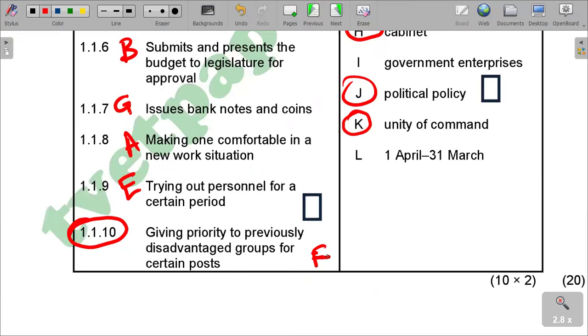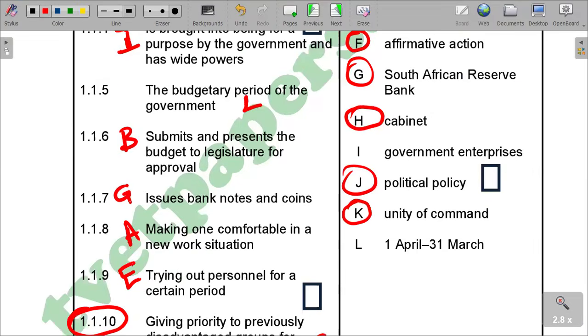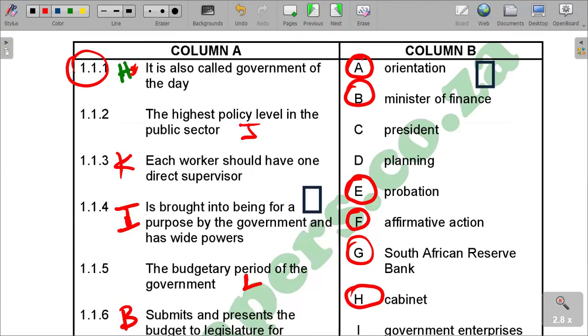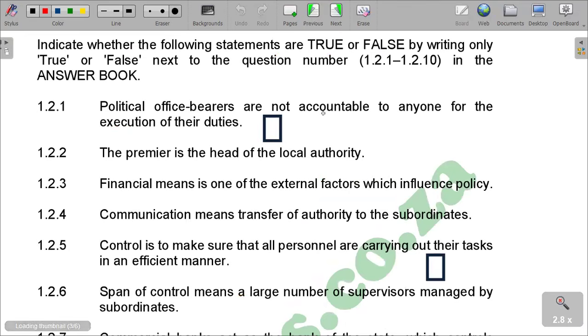So we can see that question 1, the 20 marks, we can get them easily, and it is possible to get all of them right. Then the next question is true or false, which is always one of the questions you answer in public admin.